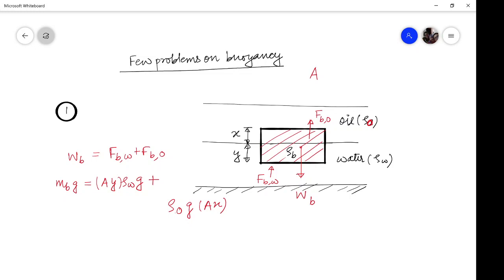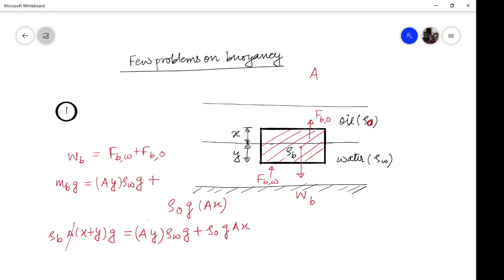Now, what is the mass of the block? That is the density of the block times the volume, and the volume is A times (x plus y). So rho block times A(x plus y) times g equals A y rho w g plus rho o g A x.